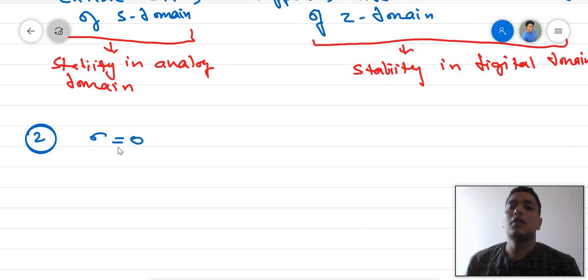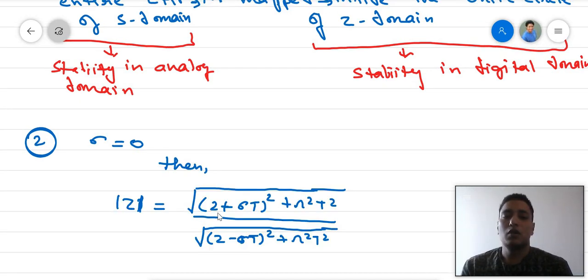After case 1, now we will discuss case 2. In case 2, sigma's value is equal to 0. Then mod Z is equal to the square root of (2 plus sigma T) whole square plus omega square T square, over the square root of (2 minus sigma T) whole square plus omega square T square.